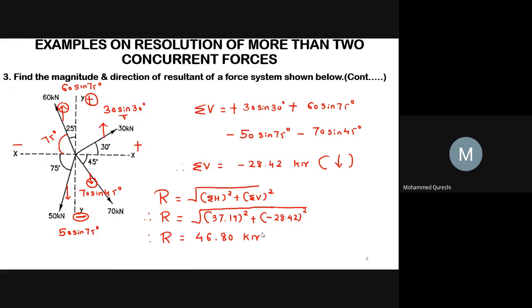Now we have to find the direction. So our next step will be tan theta equals to sigma v by sigma h.